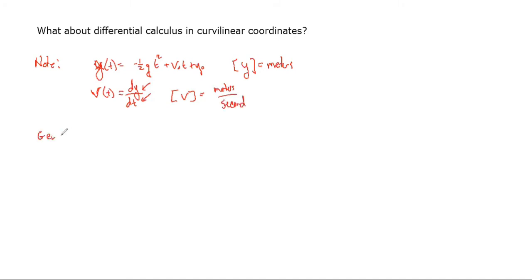And generally, if we have something, partial or total derivative, say d psi by d nu, what are the units of that?